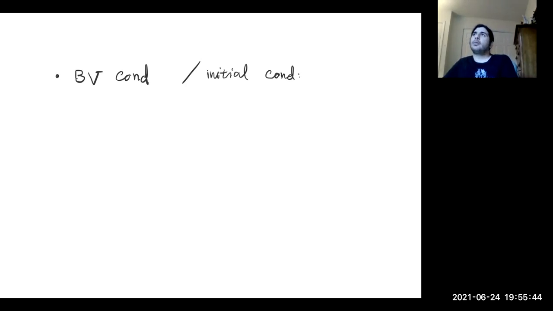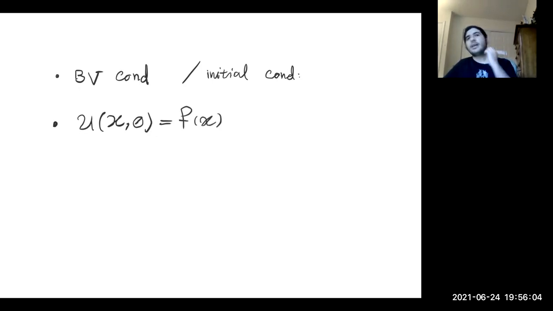What was the initial condition when we were studying the wave equation? u at every point x at time 0 was given by a function f of x.